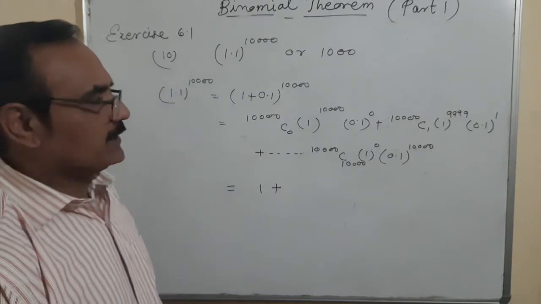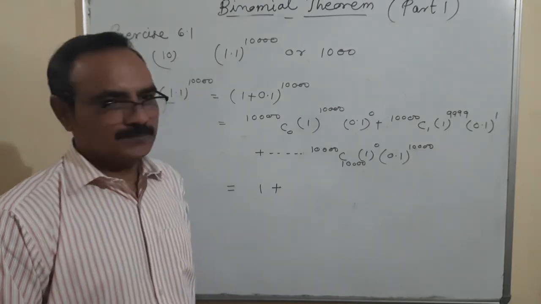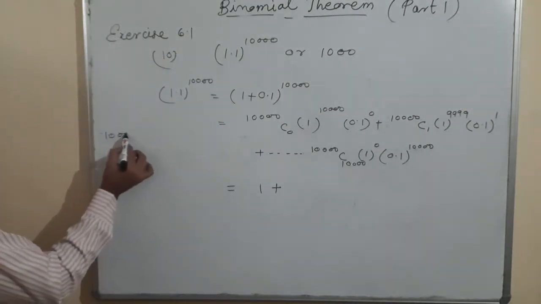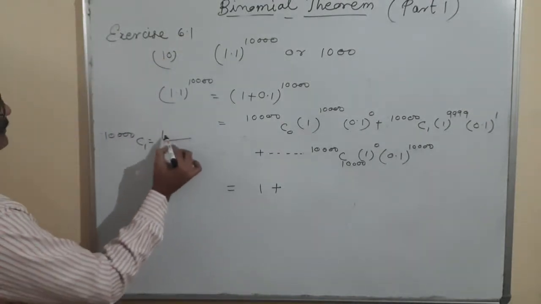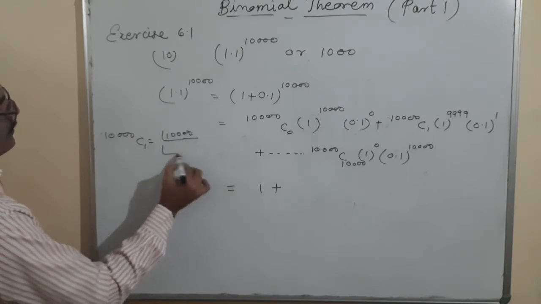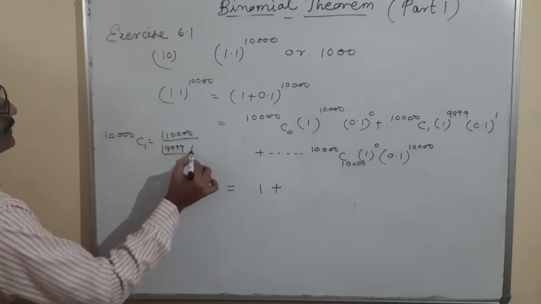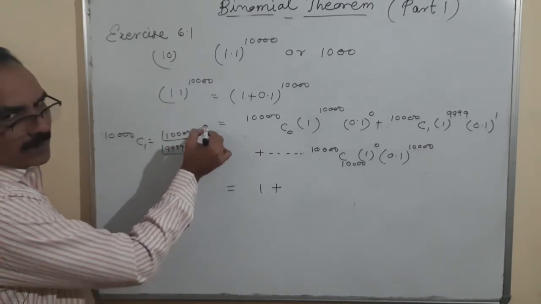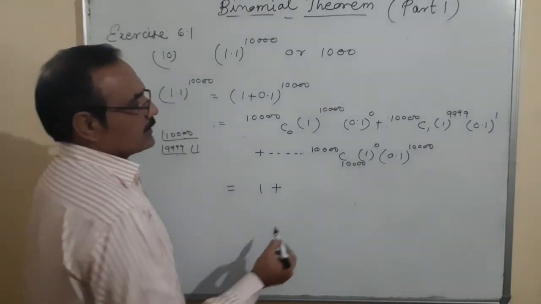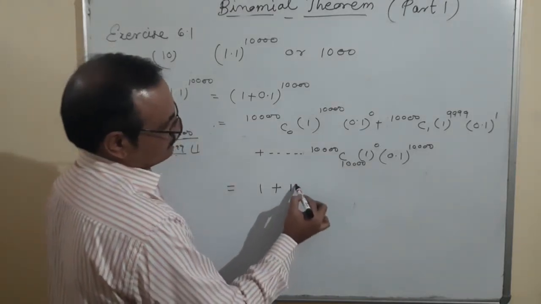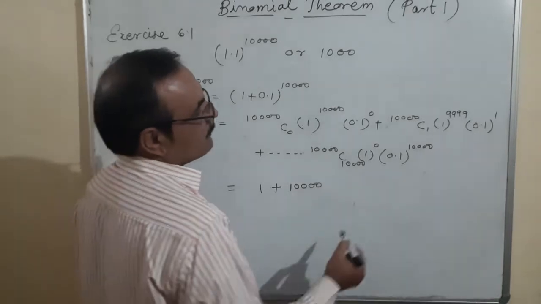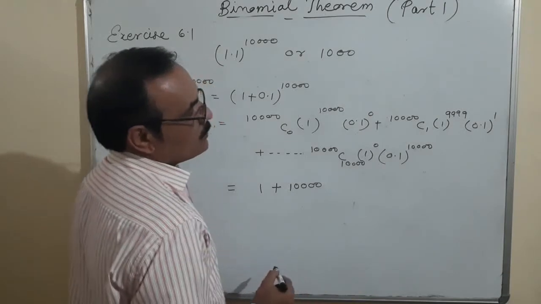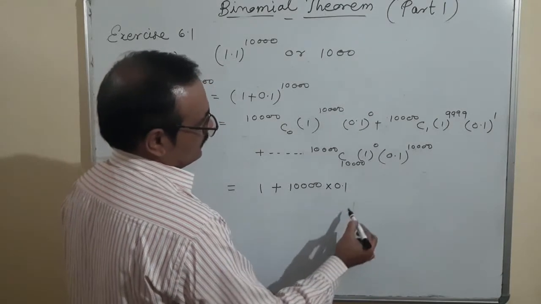Now let us see the second term. 10,000 C1, the result is 10,000, because 10,000 C1 is factorial 10,000 upon factorial 9,999 into factorial 1. So factorial 9,999 will be cancelled, it is 10,000, 1 to the power this is 1, and 0.1 to the power 1, that means 0.1, plus.